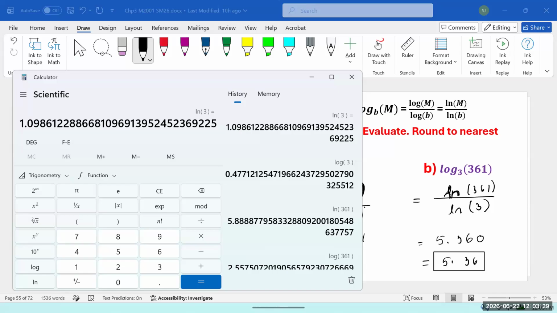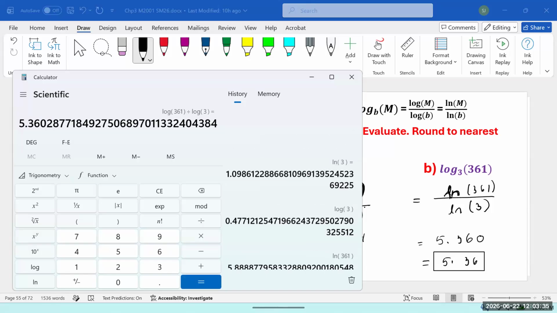So I have 361 log divided by 3 log. Our answer is the same. See something cool? All the answers are different. The log and ln individually are not the same. They give you different results. But somehow, if you divide them, the results are the same.